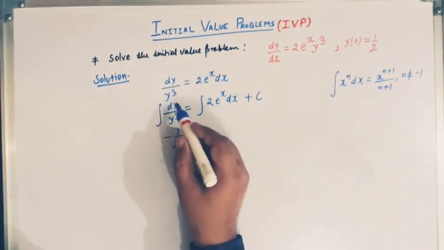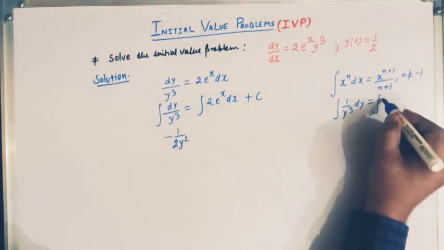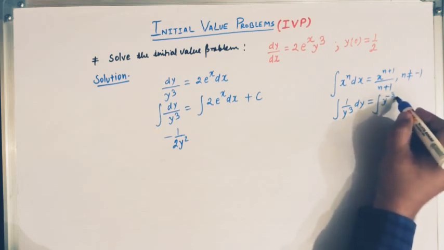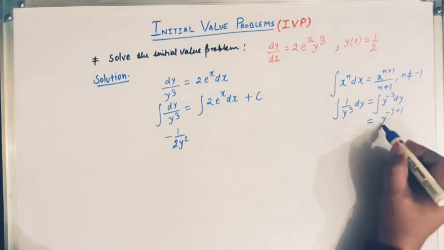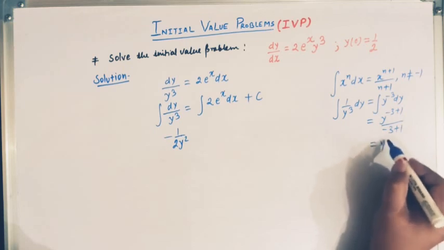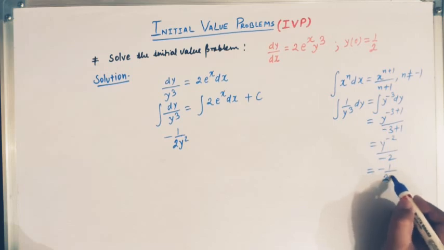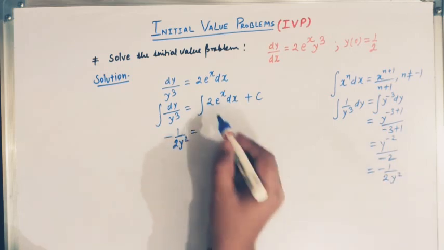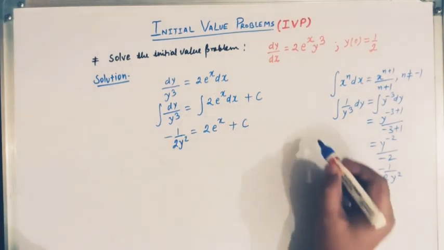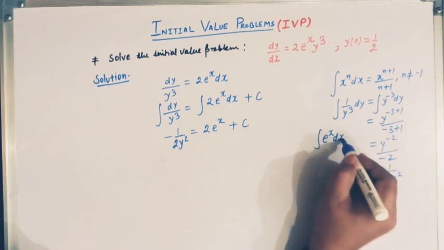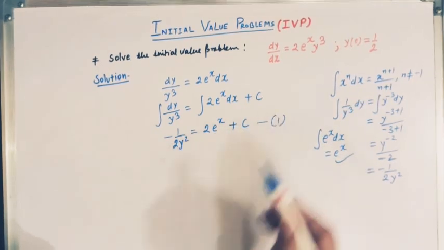So the integral of 1 over y cube dy can be written as y raised to minus 3 dy. Applying this rule, we have minus 3 plus 1, which is minus 2, and this gives minus 1 over 2y square. And here we have 2 times e raised to x plus c, since the integral of e raised to x dx is the function itself. So we have this equation.